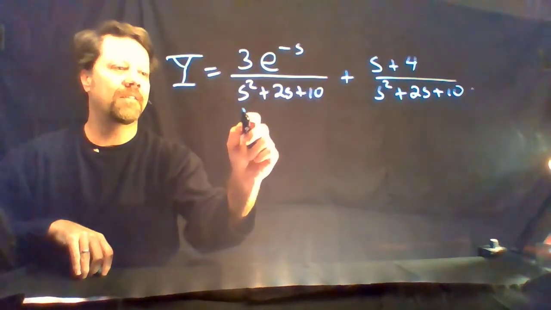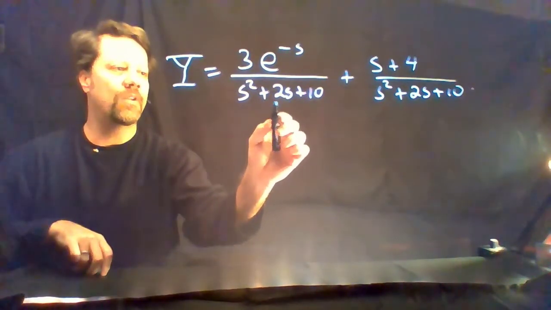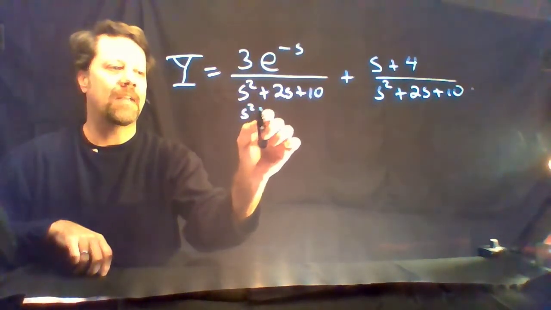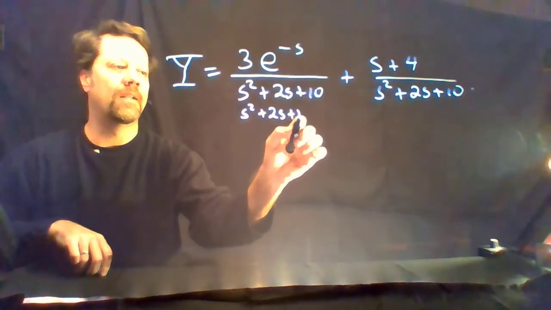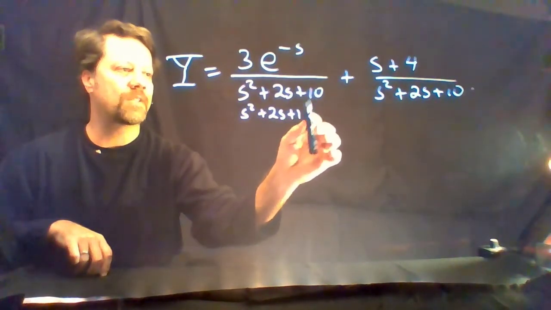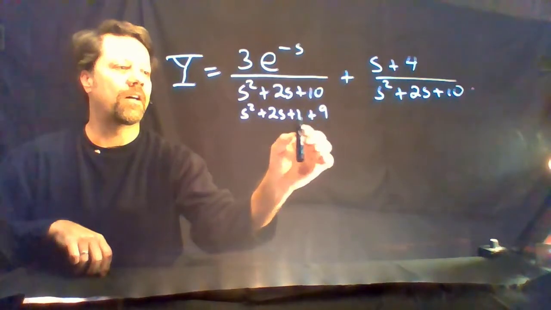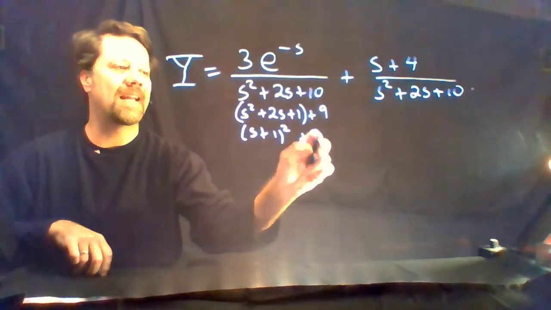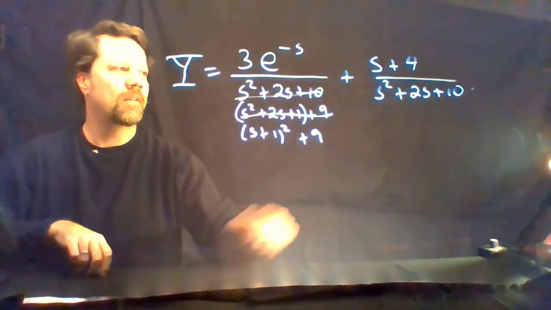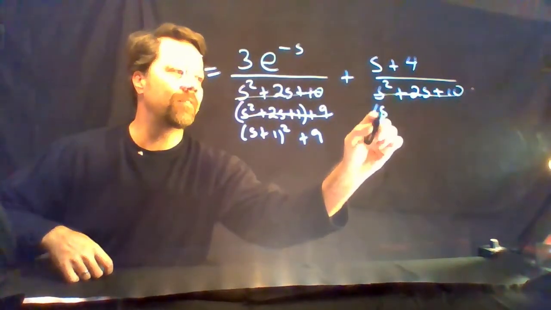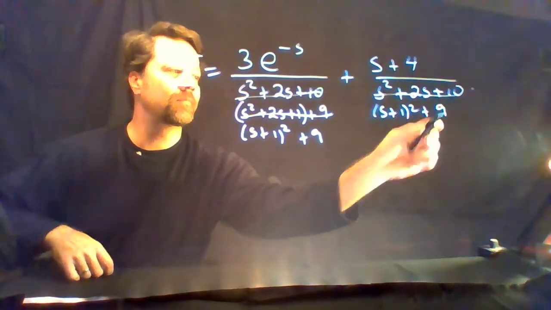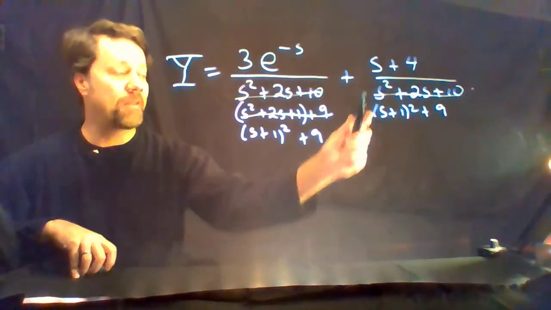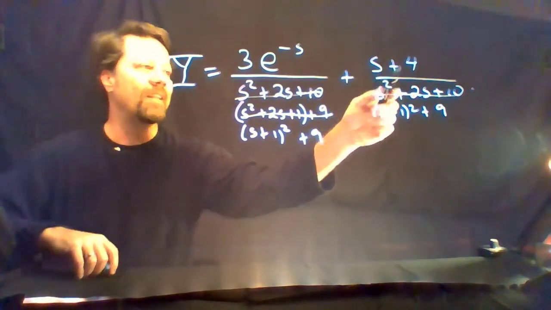The denominator, if you complete the square, you divide the coefficient of s by 2 and square. That'd be s squared plus 2s plus 1, which is a perfect square. We'll have to split this 1 off, and that gives s plus 1 squared plus 9 in the denominator. We'll do the same thing over here. And now we see that the numerator would be better if it were s plus 1 and not s plus 4.